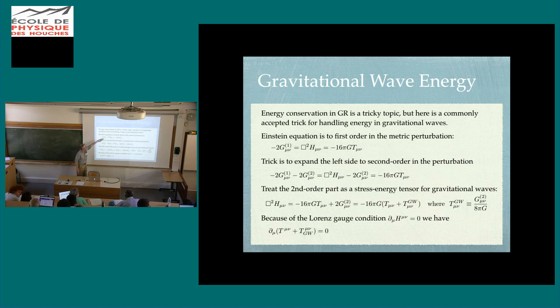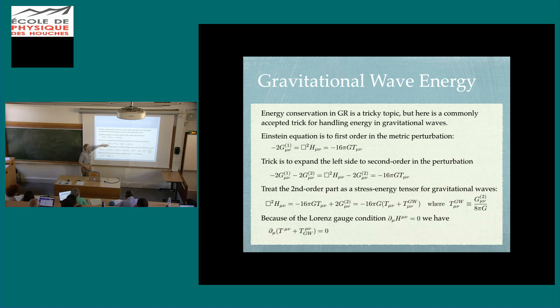So the trick is that we're going to expand this. If you think about it, the gravitational field feeds back on itself because the field equations are nonlinear. And so if there's going to be any sense in which the gravitational field itself enters into this process, it's going to be in nonlinear terms.